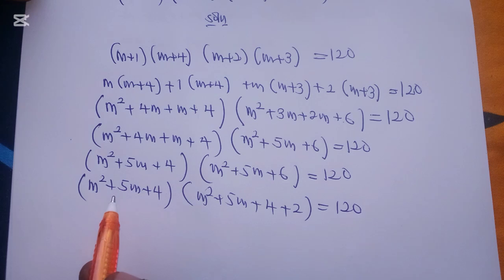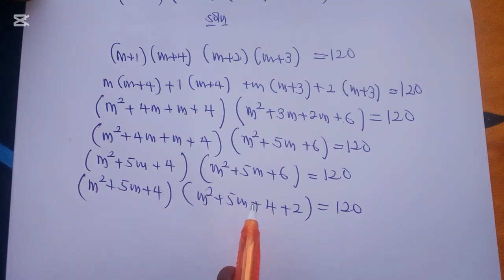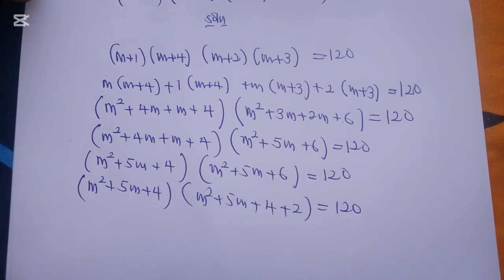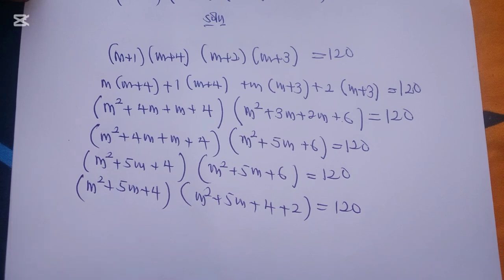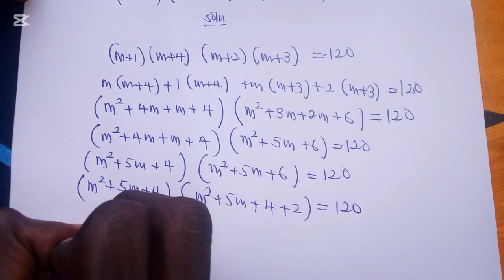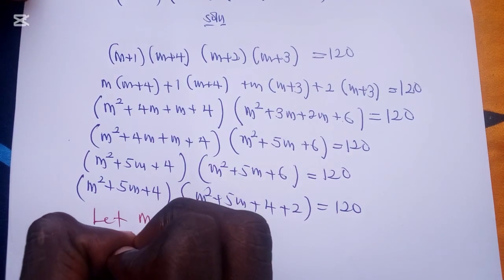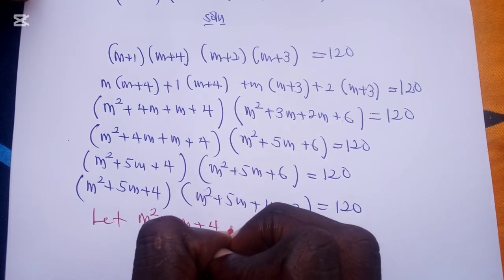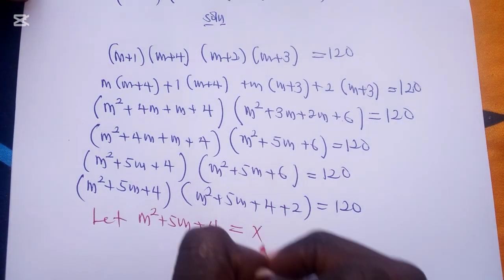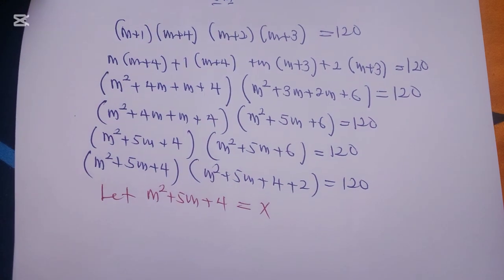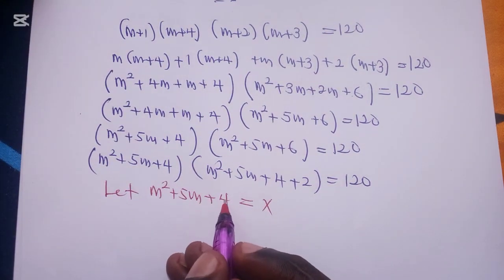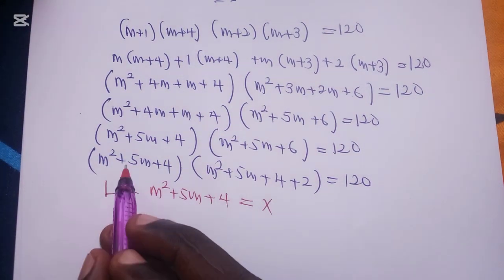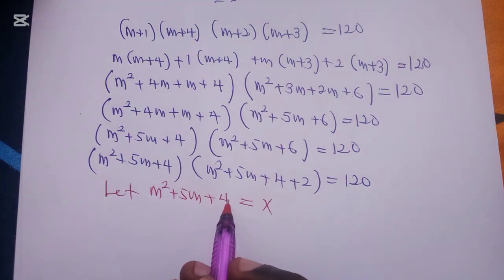Now if you look at this, we know this and this are the same now. Let m square plus 5m plus 4 equal x. Anywhere we see m square plus 5m plus 4 becomes x.